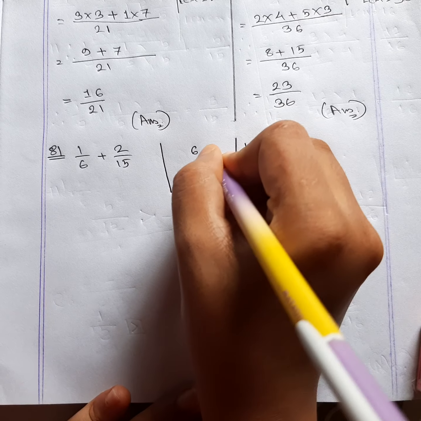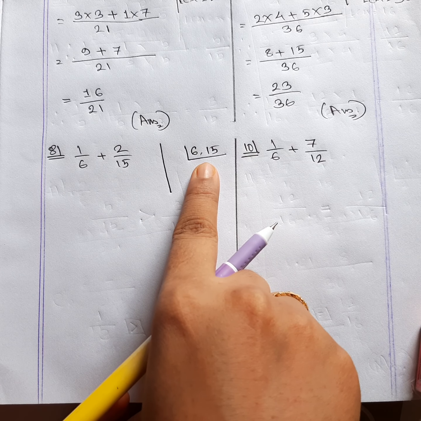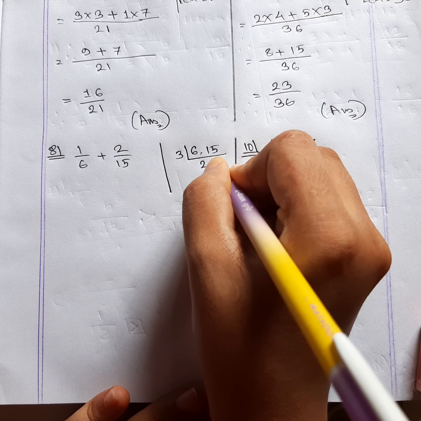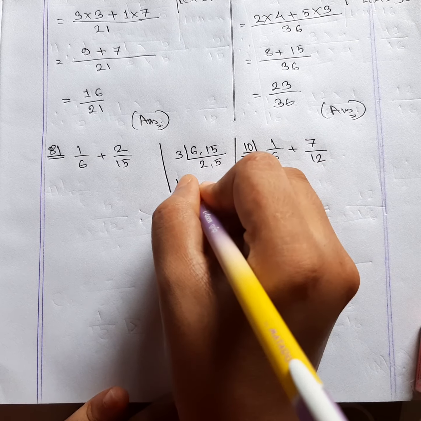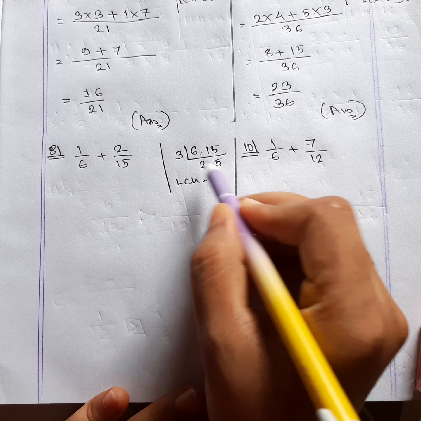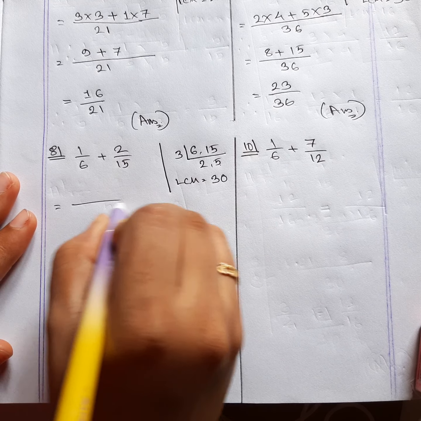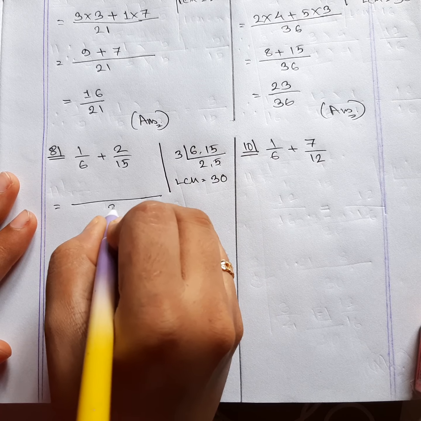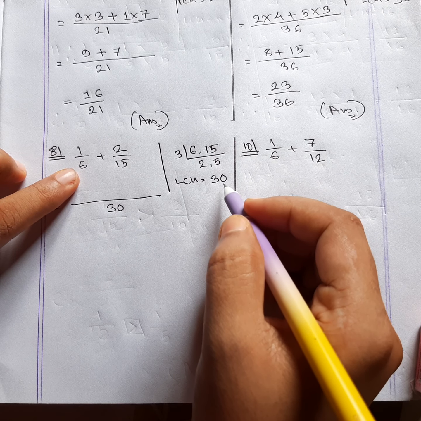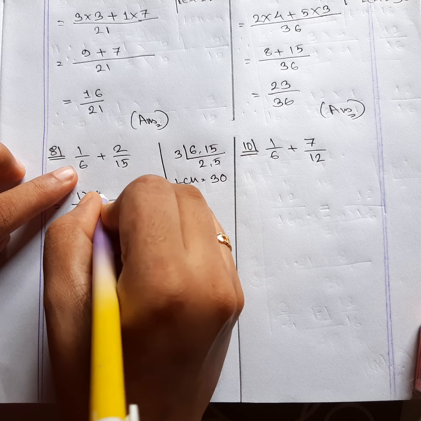now 6 and 15, with 2, no, with 3, yes, we can. Now the LCM will be 10 3s are 30. Dividing the LCM with the first denominator, the answer will be 5, and 5 is getting multiplied with the first numerator.